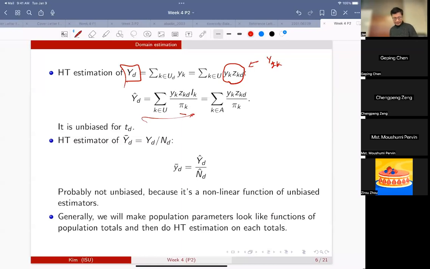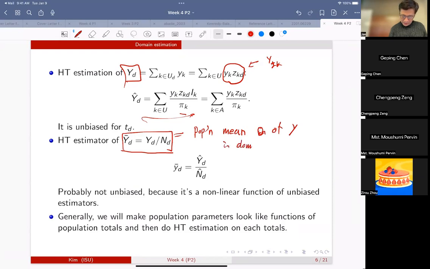And now what we are really interested in could be the domain mean. So this is a parameter, right? This is a population mean, the mean of y in domain D. So that is your interest.